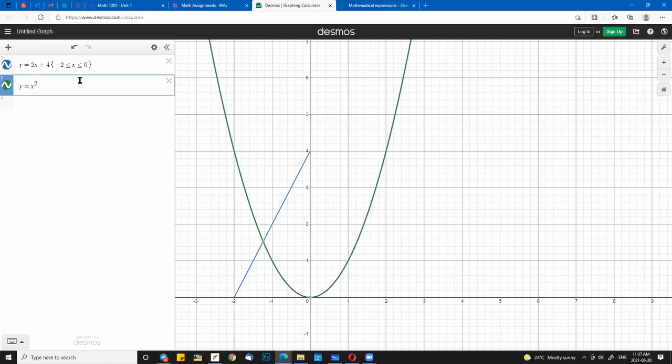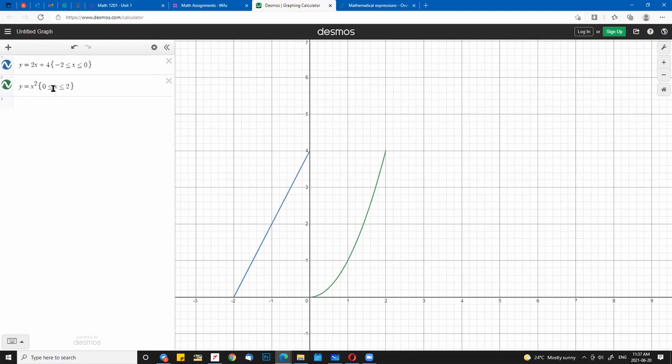If I limit x from 0 to, I don't know, 6. No, that's too much. Let's just say 2. Okay, that's nice. So from 0 to 2, x obeys this.